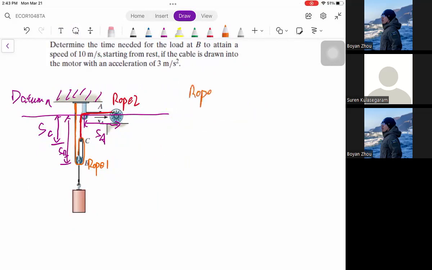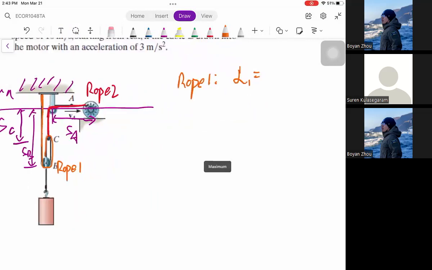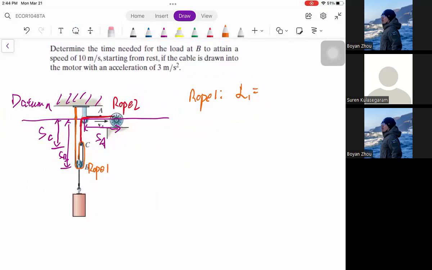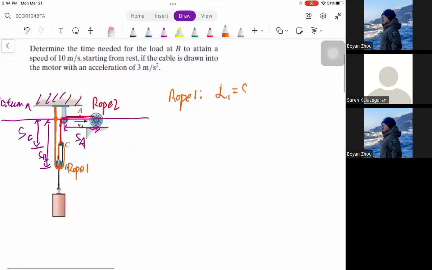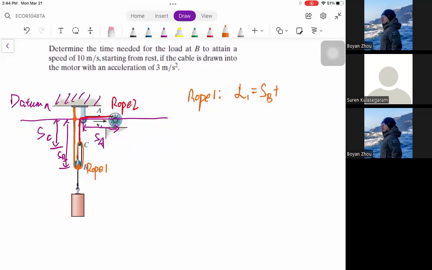The total length of rope 1, L1, is equal to, from here, going all the way down here, that is SB, plus another length from point B to point C. From point B to point C, it's going to be SB minus SC. We're calculating the distance in blue, so it's SC minus SB.